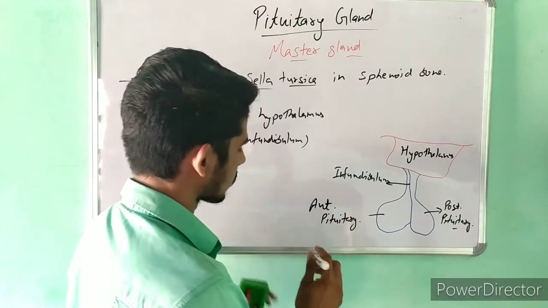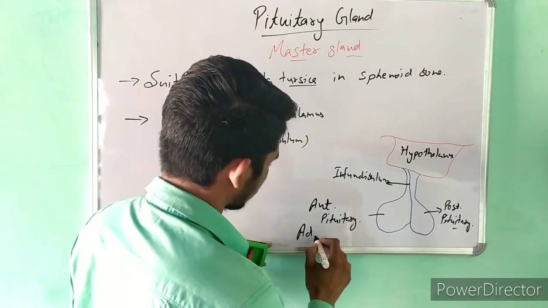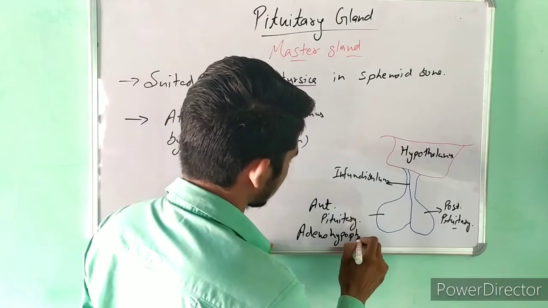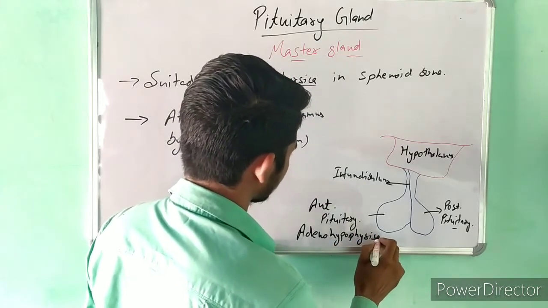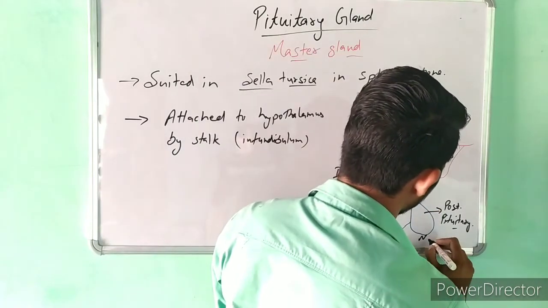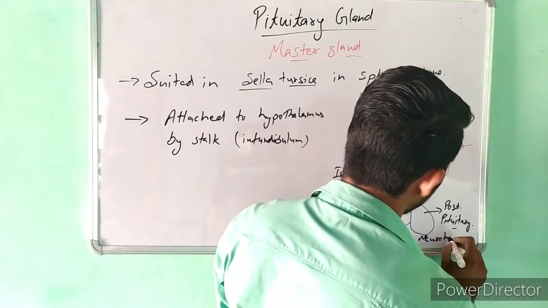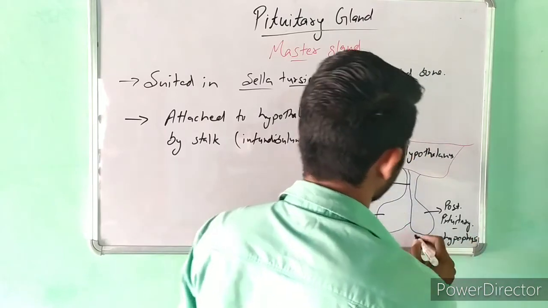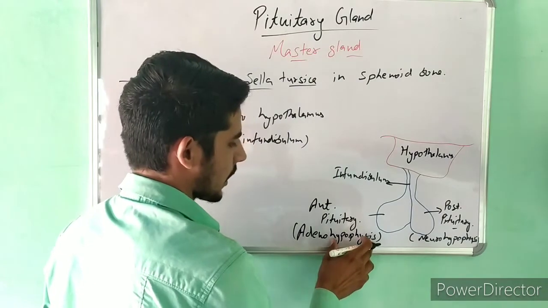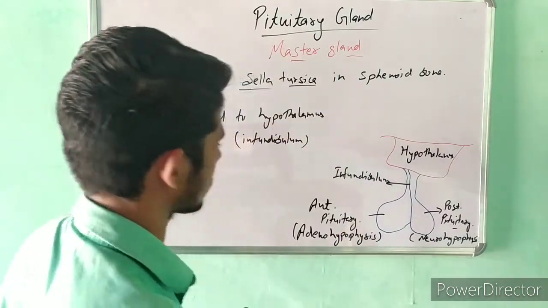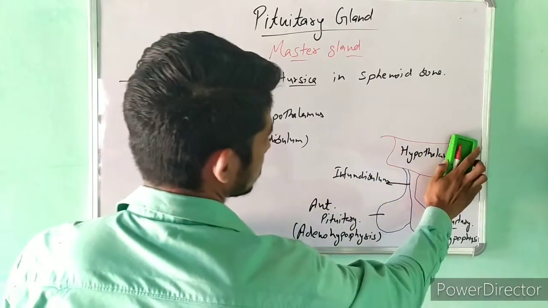The anterior pituitary is also known as adenohypophysis, and the posterior pituitary is known as neurohypophysis. Hypophysis means pituitary gland. So let's discuss this.